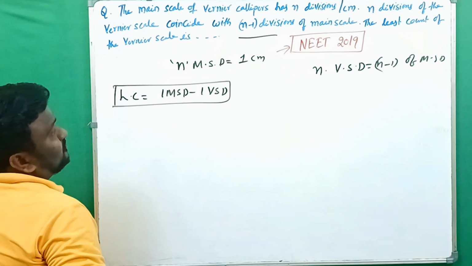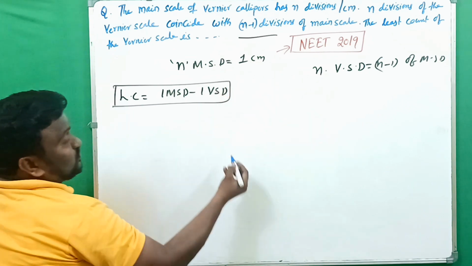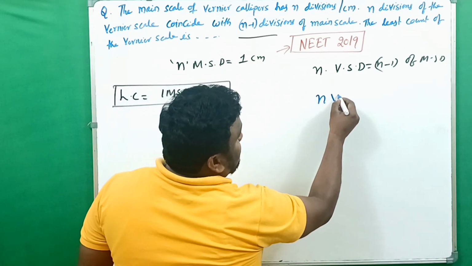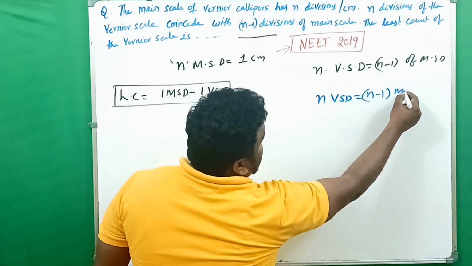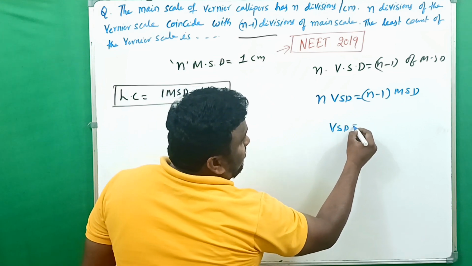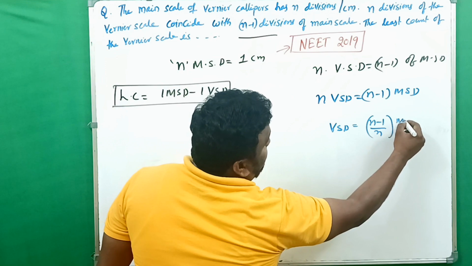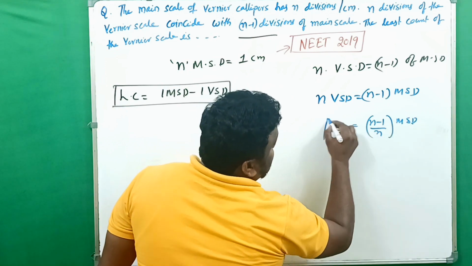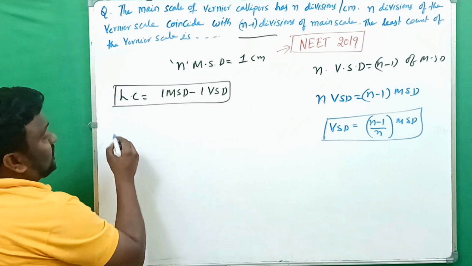So here simply you can take this one. The condition is n VSD is equal to n minus 1 MSD. From that, 1 VSD is equal to n minus 1 by n into MSD. So this is the value of 1 VSD. You have to substitute here.